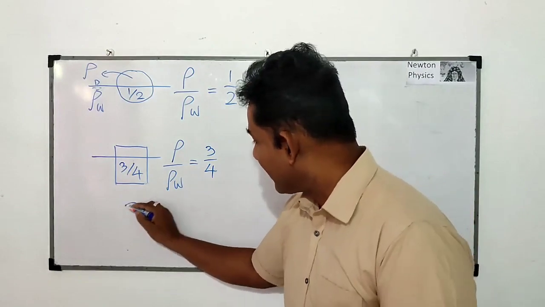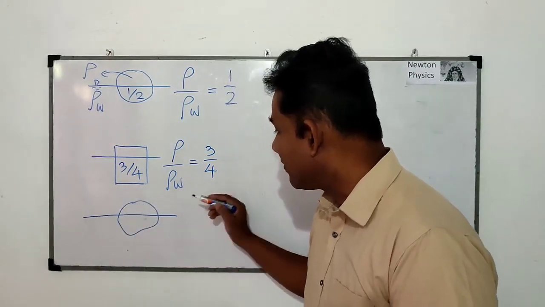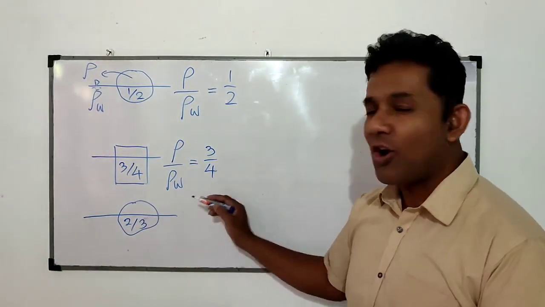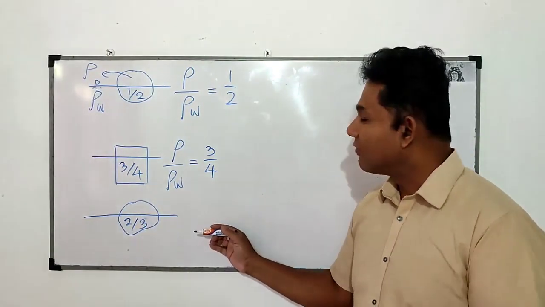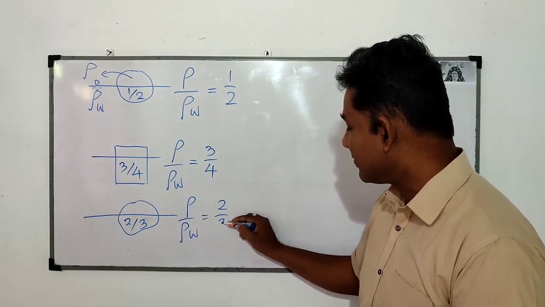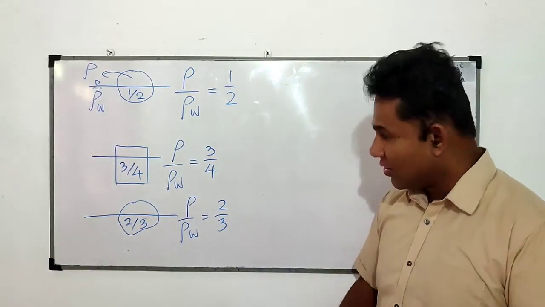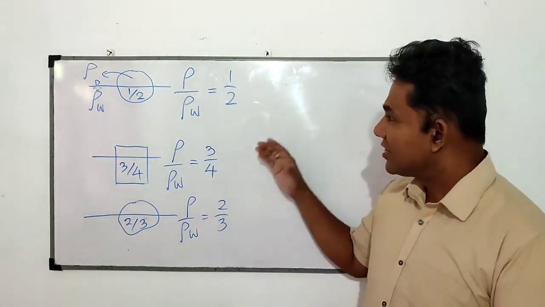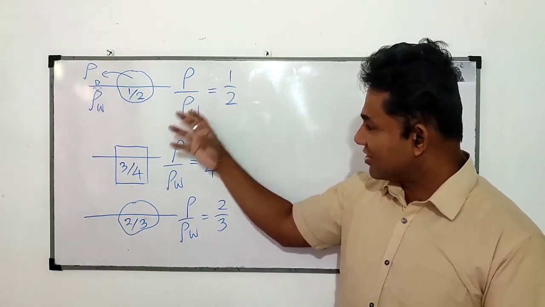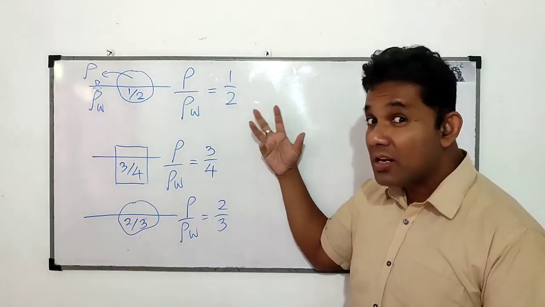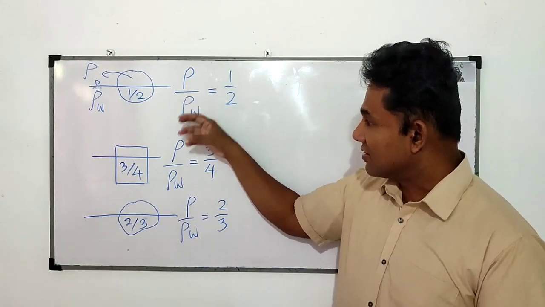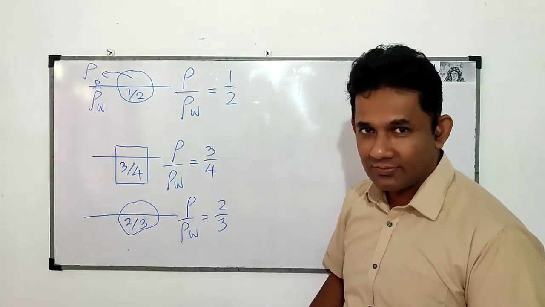Again, this object floats freely with 2/3 of its total volume immersed in water. Then again rho divided by rho w is 2 divided by 3. Clearly you have got the relation from this pattern. By the fraction directly, you can find the relative density or specific gravity of the substance the object is made of.